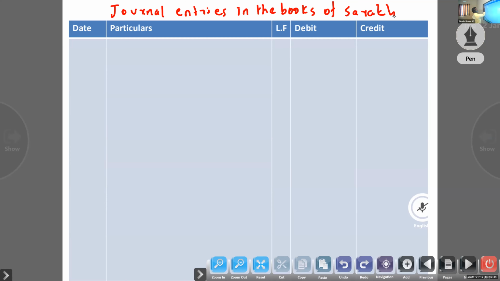First, July 2013. So Sharath sold goods to Basil. So first entry, in the books of Sharath: Basil account debited to sales.